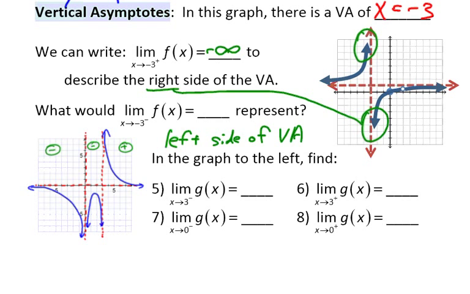That becomes our limit. On the left side of the asymptote, we're headed up. So we write positive infinity. Take a moment and look at these exercises based on the graph on the left. Notice that x could be approaching 3 or 0. That will tell you which vertical asymptote to look at.